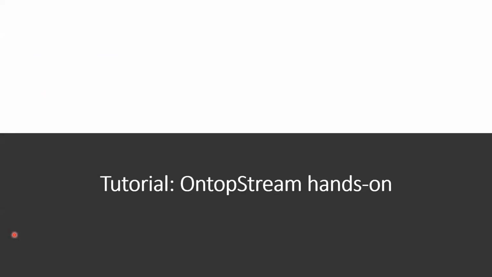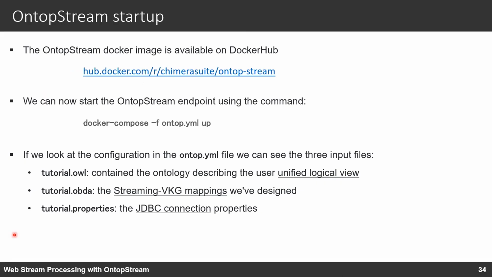Okay, so that said, we can start OntopStream and let's see how the system behaves from an end user perspective. So what I'm asking you is to open a third terminal and execute this command here, docker compose -f ontop.yaml app.